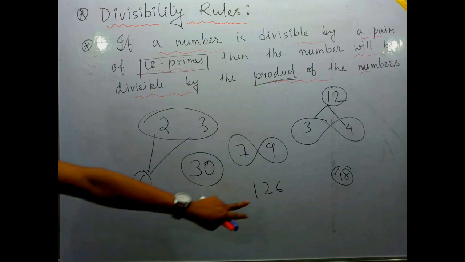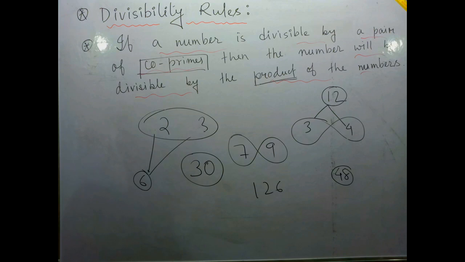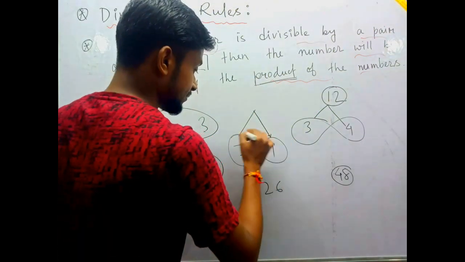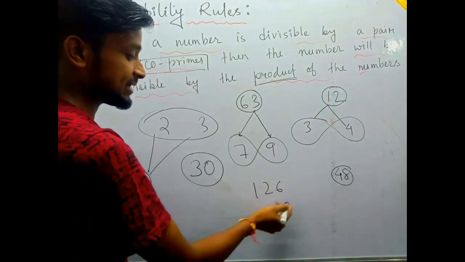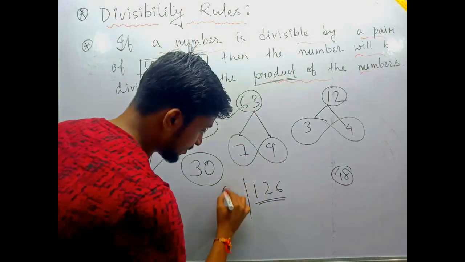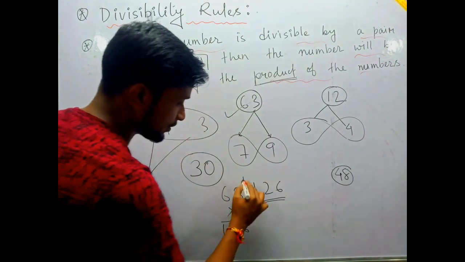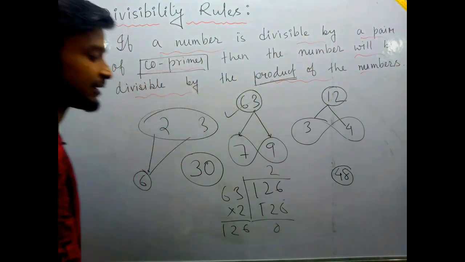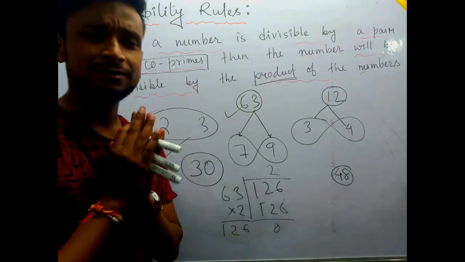Now if you see the product of 7 and 9, that is 63, it is definite that 126 will also be divisible by 63. Yes, right? 63 times 2 is 126. So the thing is very simple.